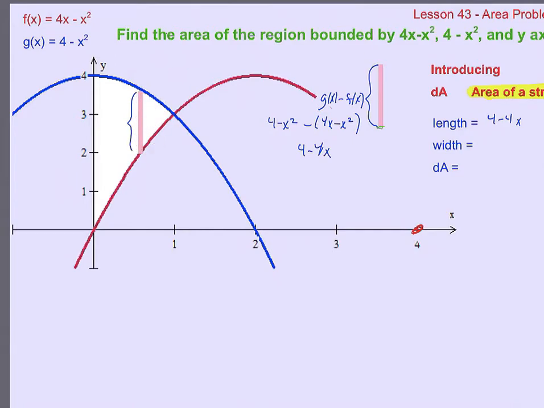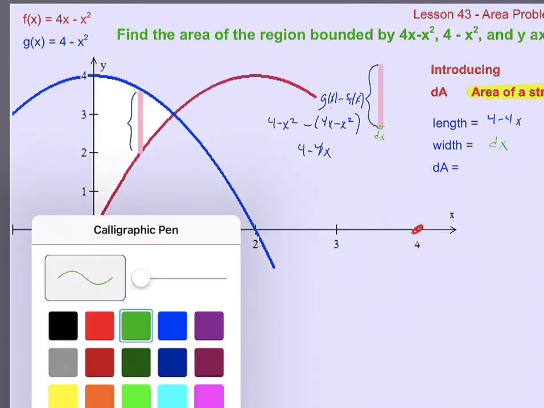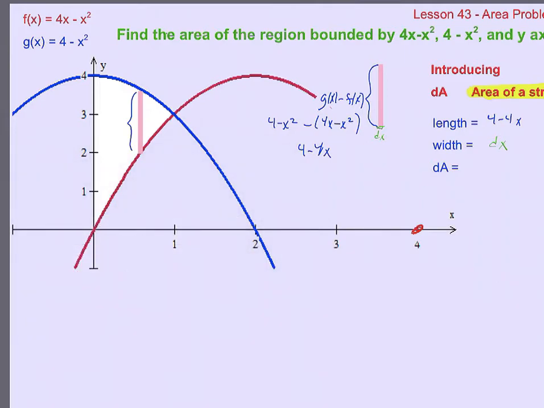We call it dx, the infinitely small change on the x-axis. That means the area of that pink space, since the area of any rectangle is the length times the width, is 4 minus 4x times dx. That is the area of this pink rectangle.